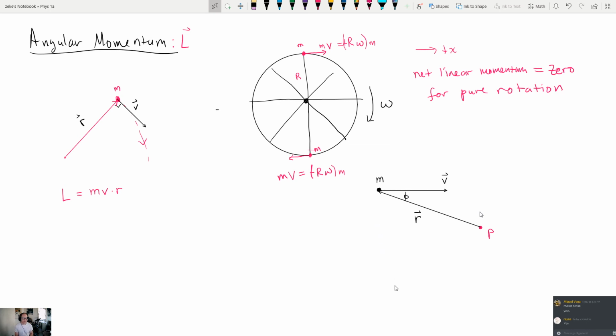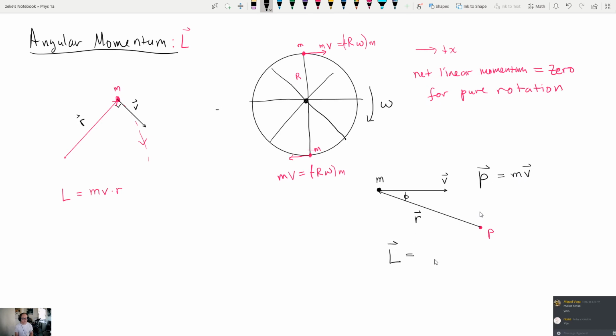Then, in general, we can define the angular momentum for this point object as follows. The momentum of my object, little p, is equal to mass times velocity.